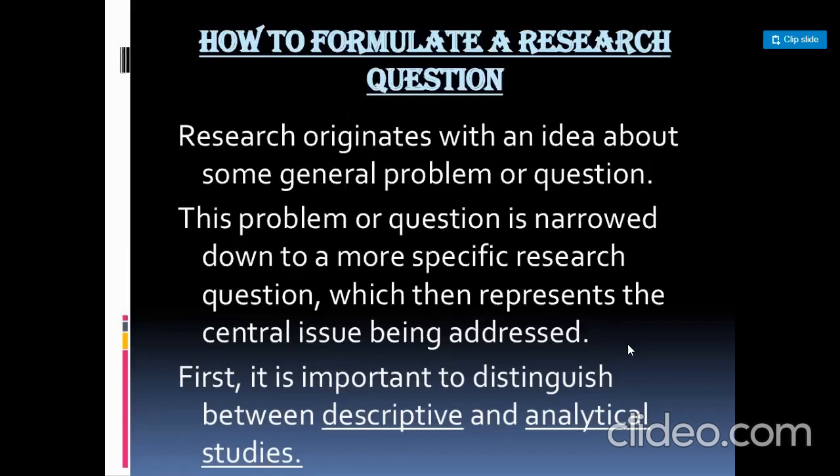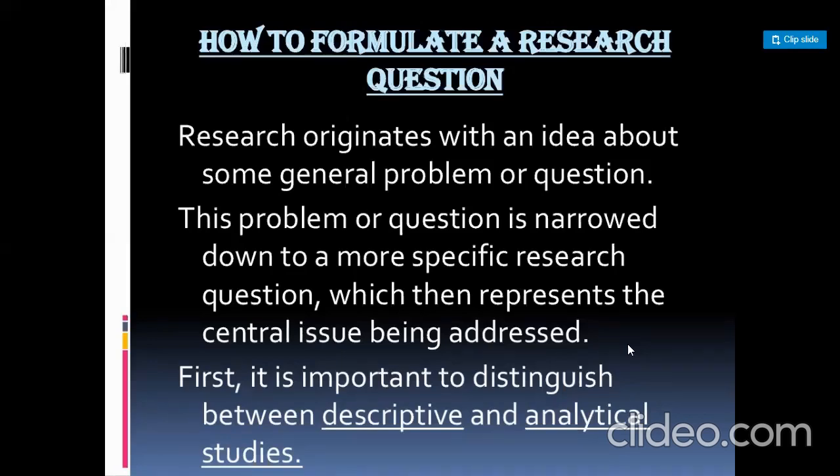Research originates with an idea about some general problem and question. This problem or question is narrowed down slowly to a more specific research question, which then represents the central issue being addressed. For example, diabetes. Most of the population in India is suffering from diabetes mellitus.